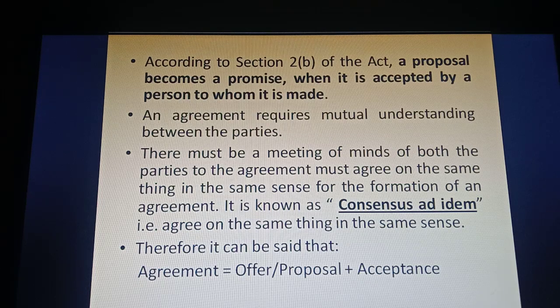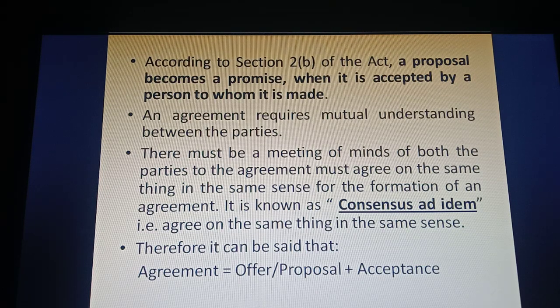So it is very important to see here. One person signifies that he wants to do this. He makes the proposal to the other person. That proposal must be accepted by the person to whom the proposal is made. If it is not accepted by the person to whom the proposal is made, it will not become the promise.